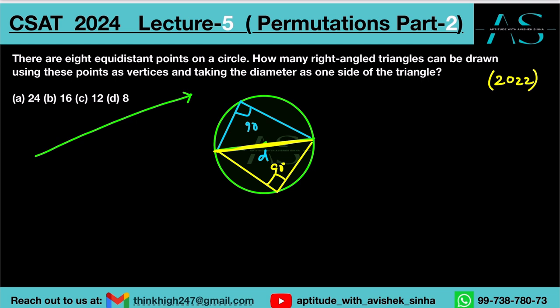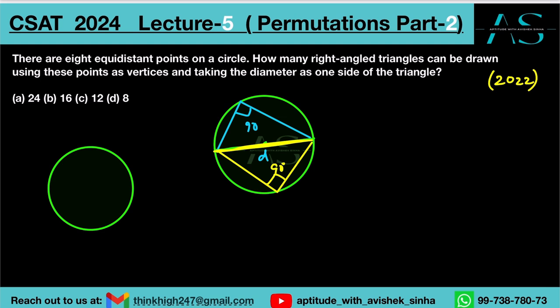Now, since we have started with the properties, let's be done with this question also. Okay, there are 8 equidistant points on a circle. Let's draw a circle and let's look at the 8 equidistant points. If you have not seen the direction sense video, do check out the logical reasoning playlist for all the reasoning topics.